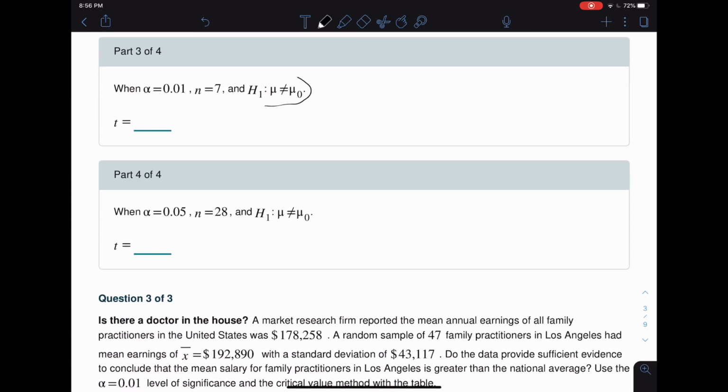Okay, let's do it again with another problem. We have not equal to in the alternate hypothesis, so you know that must be two tails. It's going to be easier to find this alpha. Oh, sorry, we are going in the other direction. We are given that this area has an alpha of 0.01.